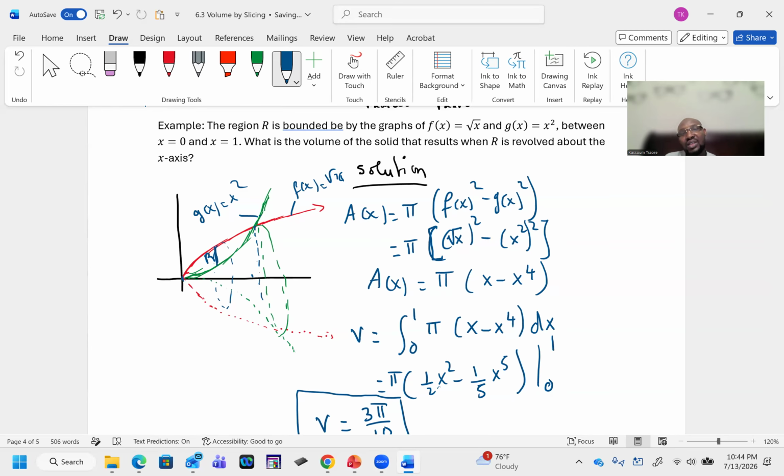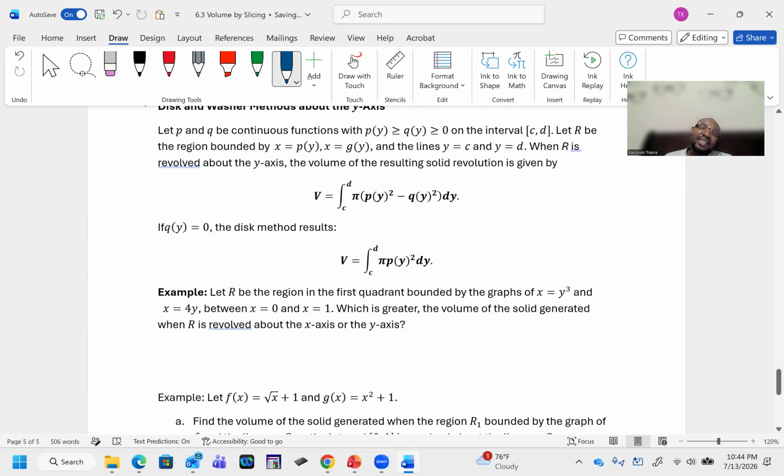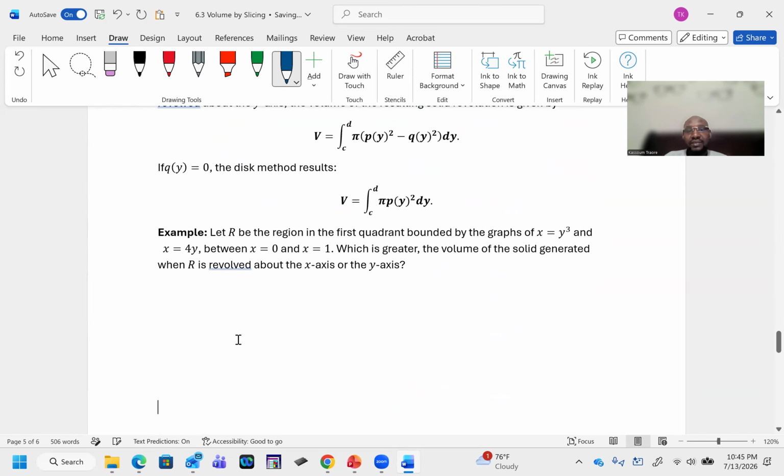So we have done those examples, but that was revolved about the x-axis. Now we are going to practice about the y-axis. Okay?